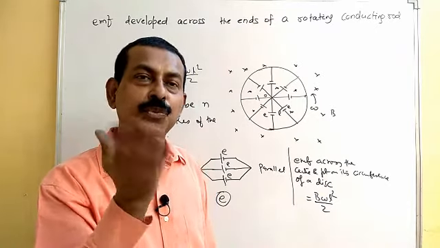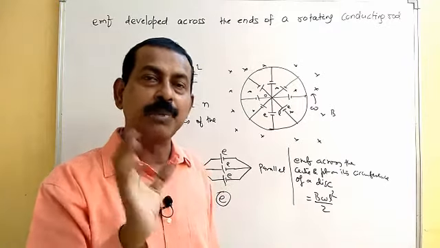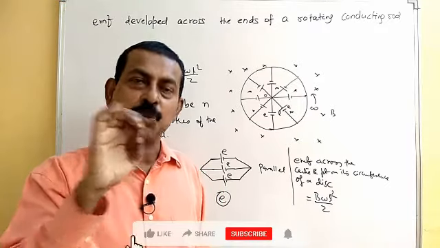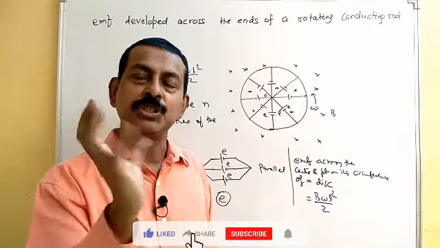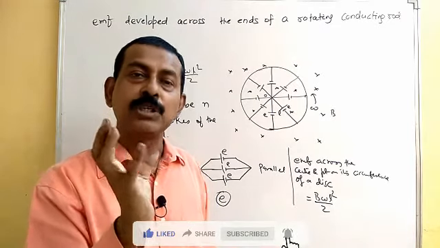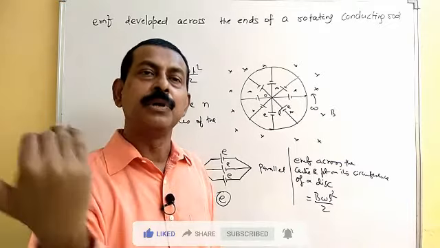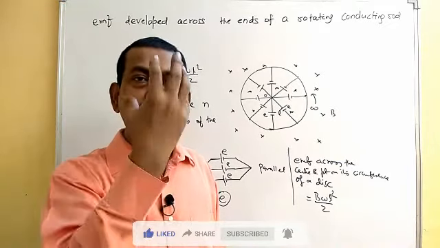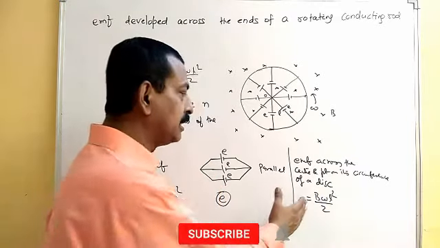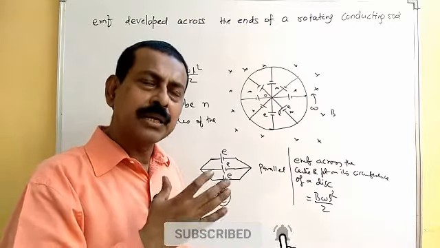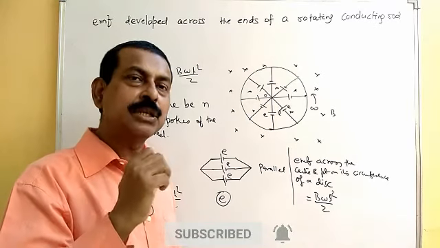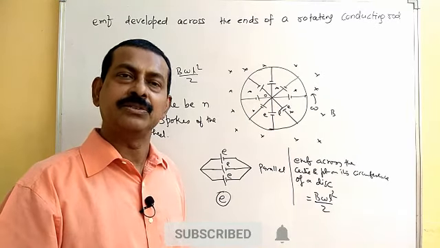But the disk will definitely encounter the magnetic lines of force, since we can assume it is made of a number of small strips which are rotating with angular speed omega. They are cutting the magnetic lines of force, which are normal to the surface of the disk. So there will be an EMF developed. You can get a number of questions based on this, so just read the question carefully and then try to answer.